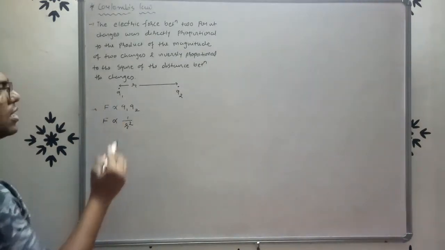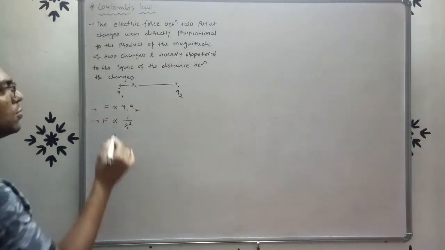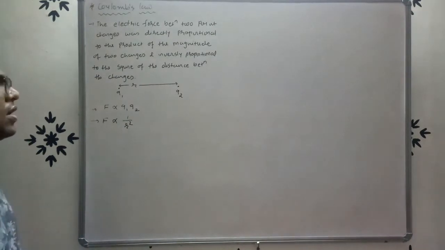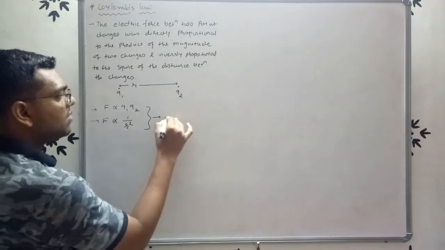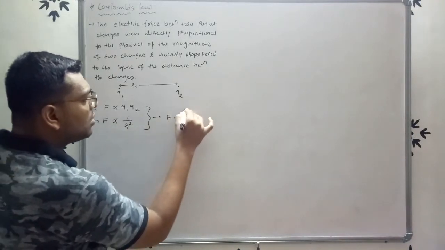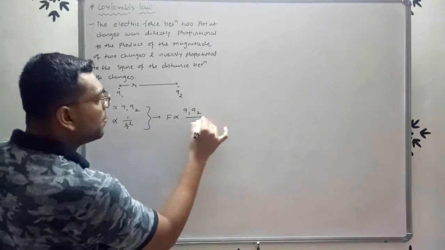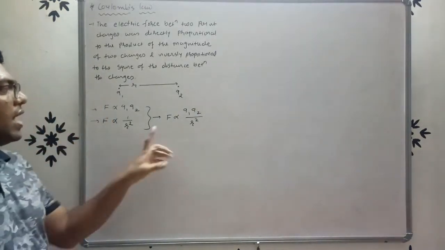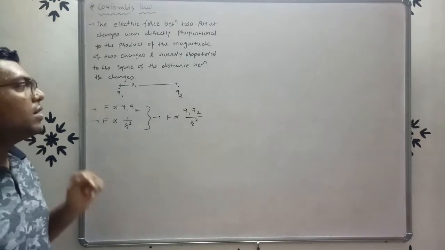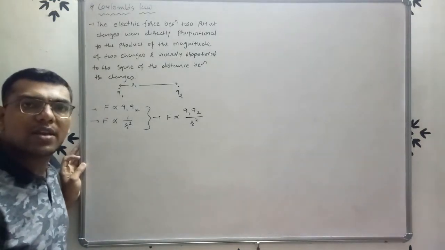So F is proportional to Q1 Q2 and F is proportional to 1 upon R square. If we combine this, we get F proportional to Q1 Q2 upon R square.